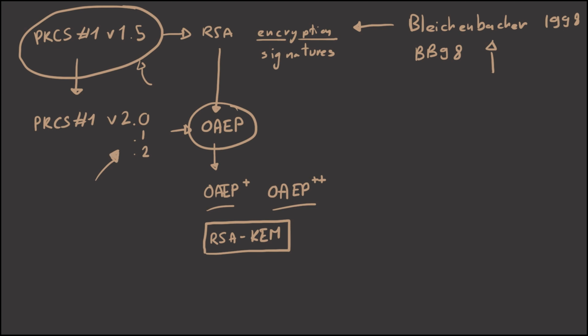Bleichenbacher's 1998 attack, actually a padding oracle attack on PKCS #1 version 1.5, has been rediscovered again and again, even this year in 2018, 20 years after, with the ROBOT attack. People keep discovering it because people keep using this scheme, even though it's broken and not easy to mitigate.